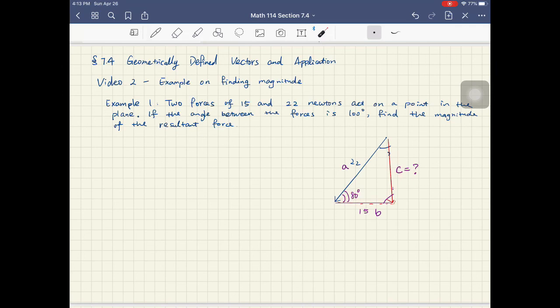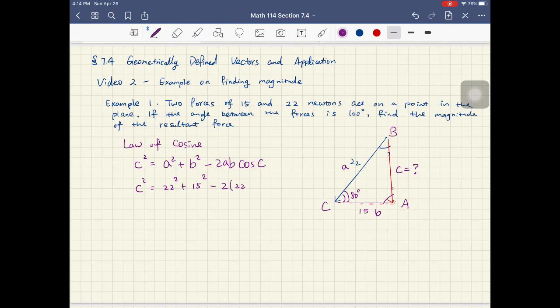So to find the side C, I can use the law of cosines: C squared equals A squared plus B squared minus 2AB cosine of C. Then C squared equals 22 squared plus 15 squared minus 2 times 22 times 15 times cosine of 80.